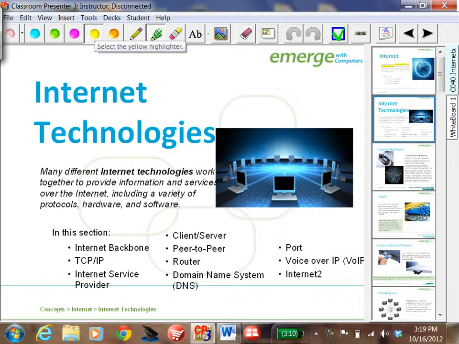So there are many different internet technologies. Okay? So we have the internet backbone. Now originally the internet backbone was this ARPANET, but nowadays that's not the backbone any longer. The backbone is now, I guess that's part of it. Okay, but it's supplied by AT&T, all these different telephone companies.